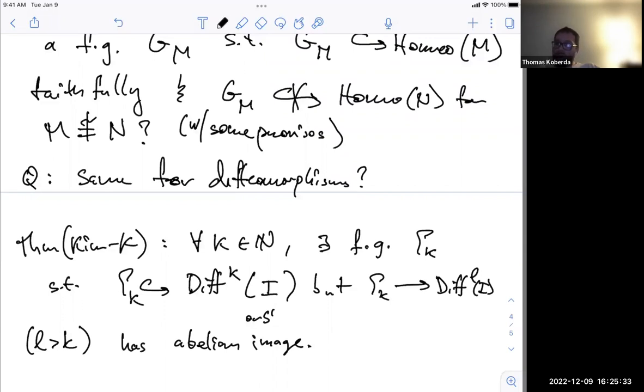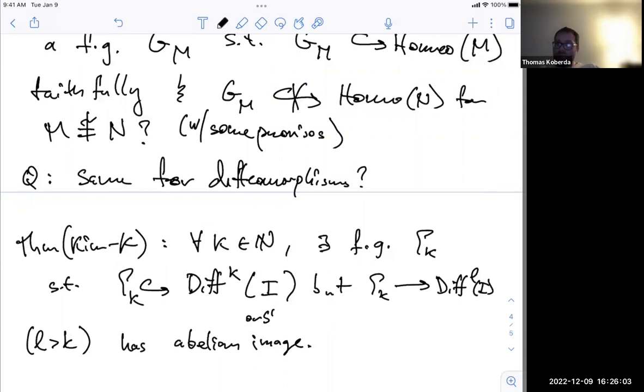I'd like to be able to find groups like this for manifolds in dimension 2 and higher, and at present I have no real idea of how to do that. But in any case, this first order rigidity of homeomorphism groups may be a good first step.